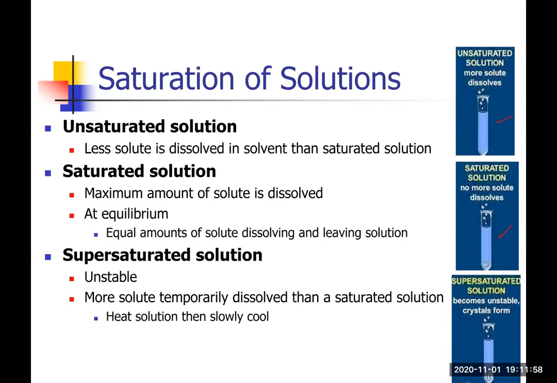How do we possibly get more solute dissolved than we would have with a saturated solution when we've already seen that a saturated solution has no dissolution process going on once you surpass saturation? Well, we heat the solution up, and when we heat it up, we can get more solute into the solution, and because it's very unstable, we have to cool it down very, very slowly.